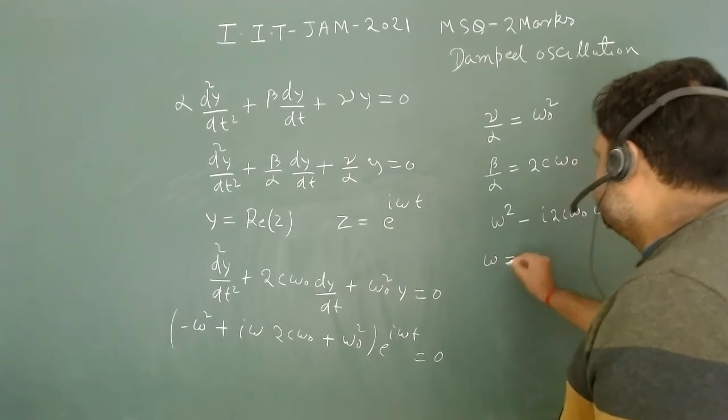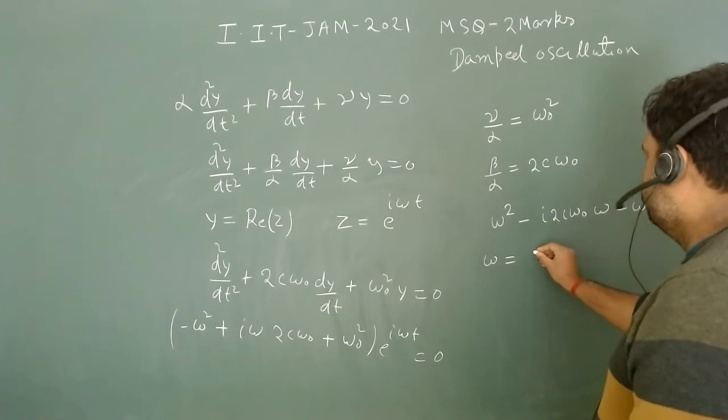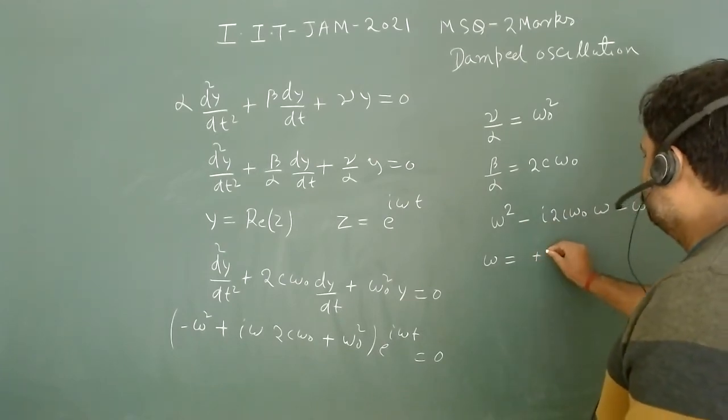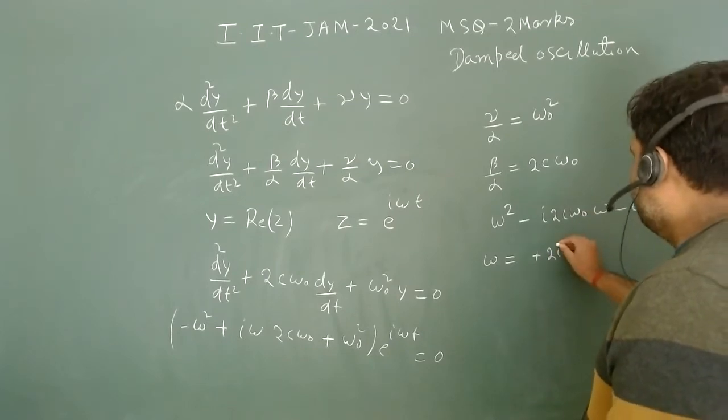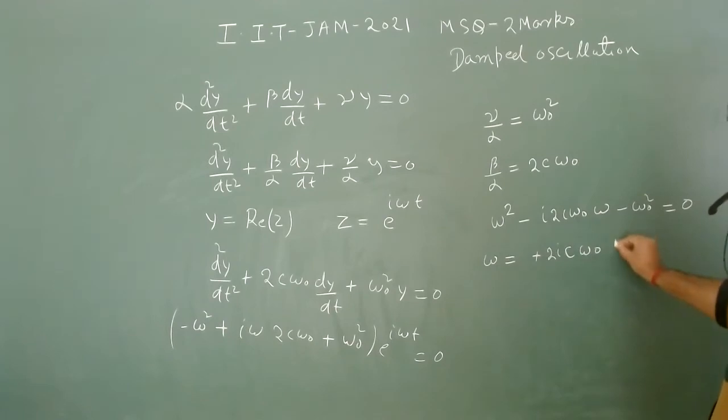The omega is actually, we can have minus b, so this will be plus 2 i c omega naught, plus minus square root of b square.